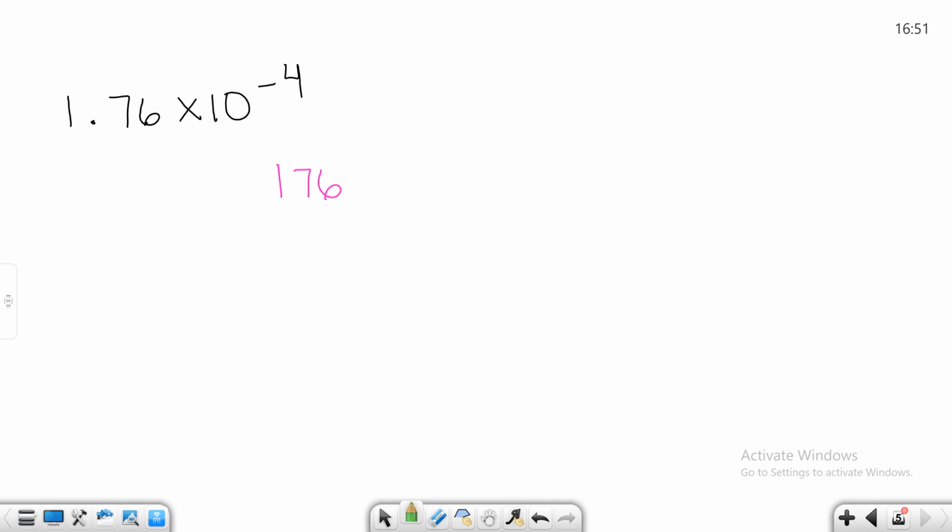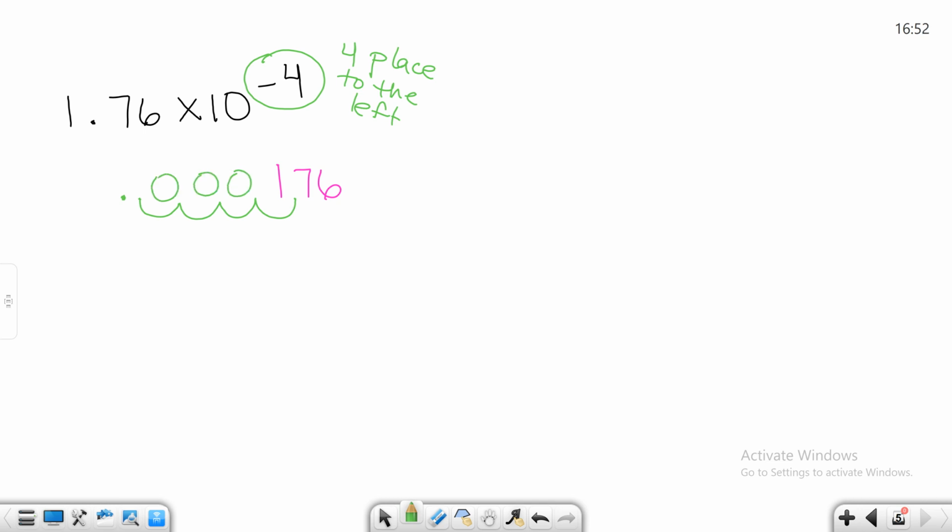So now let's look at my exponent. My exponent tells me that I want to move 4 places, but it's a negative, so I'm going to move to the left. So this tells me 4 places, 4 place values, not 4 zeros, to the left. So keeping in mind where my decimal was, I'm going to count 4 places to the left. 1, 2, 3, 4, and this is where my new decimal goes.